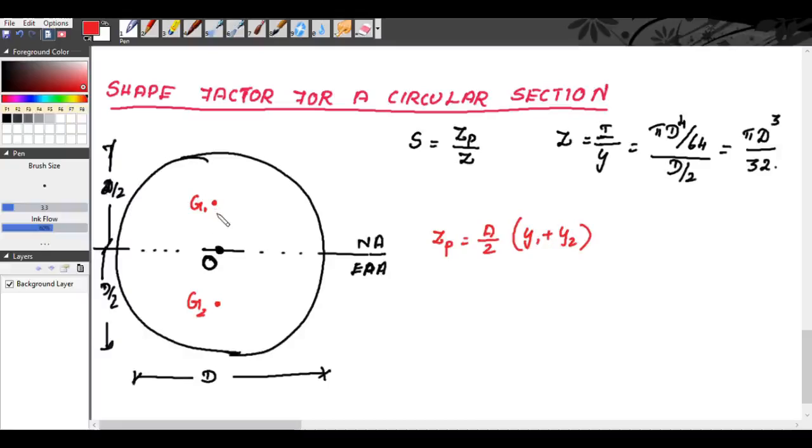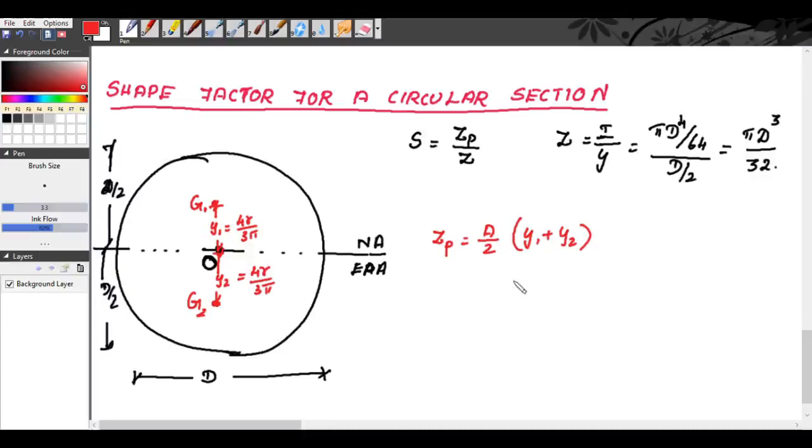For a semicircle, the distance from the base to the centroid will be equal to 4r by 3 pi. So this distance is y1, equal to 4r by 3 pi. Here also this distance is y2, and y2 is equal to 4r by 3 pi.